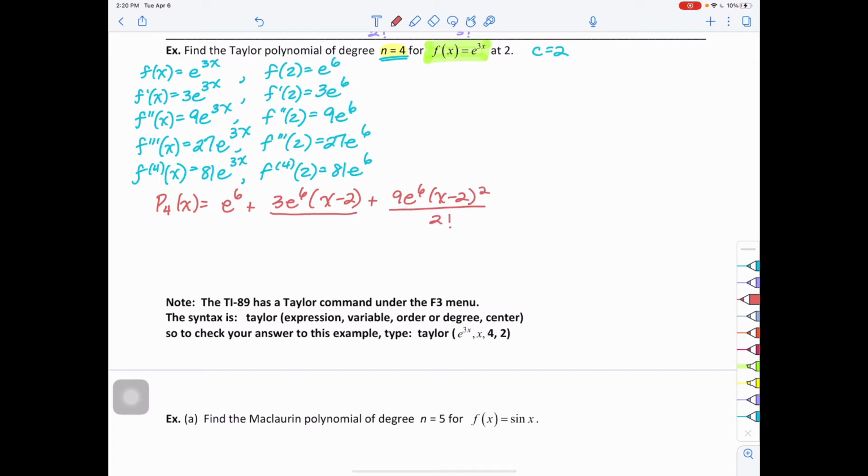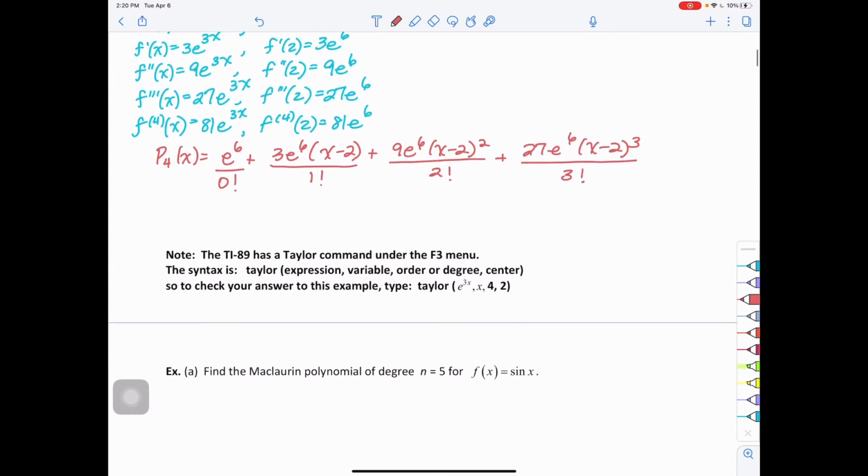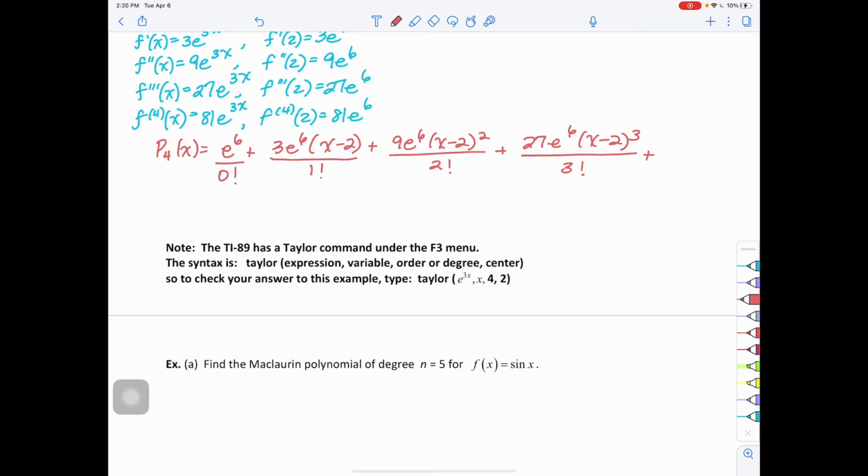And you could go ahead and include 1 factorial here and 0 factorial if you'd like, plus 27e to the 6th, x minus 2 cubed, over 3 factorial, and one more, plus 81e to the 6th, x minus 2 to the 4th power, all over 4 factorial.